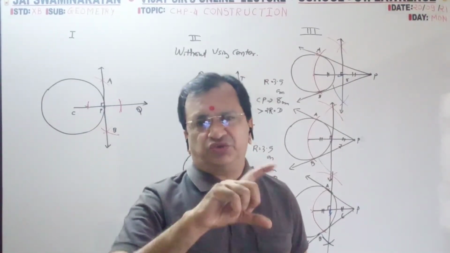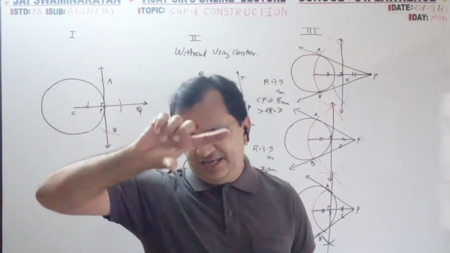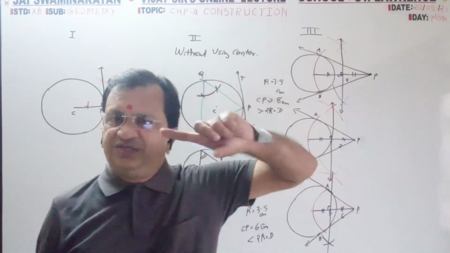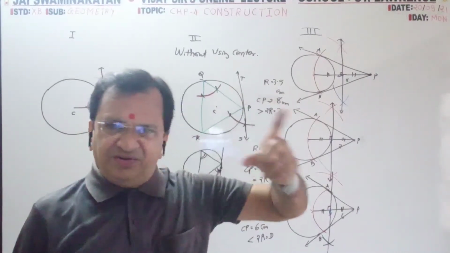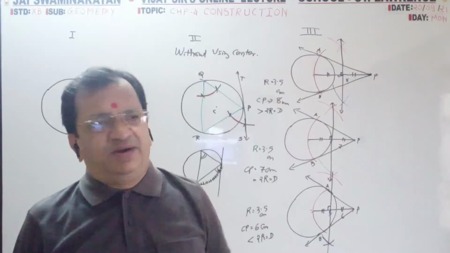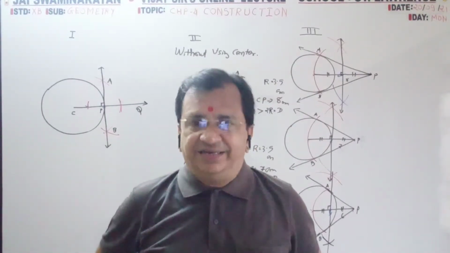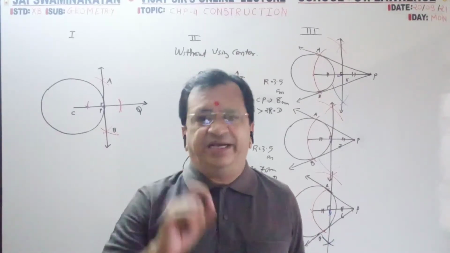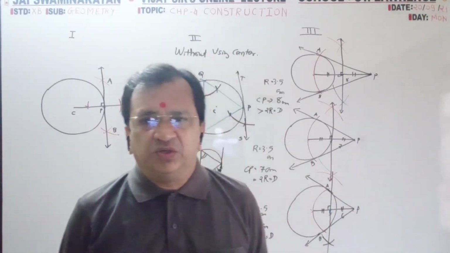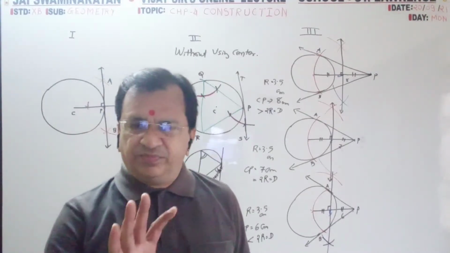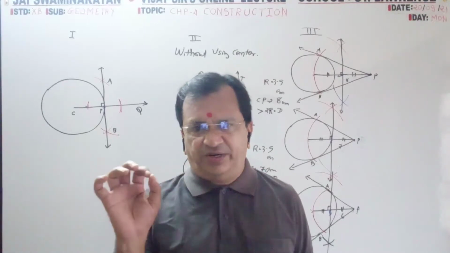Intersecting arcs should be in one direction. If you are righty, opposite to the body. If you are lefty, opposite to the body. People are doing zigzag, zigzag. It will be double, it will be thicker, it will not be clear. You will not get the particular intersection point which you require. So, in construction, these are the main points.